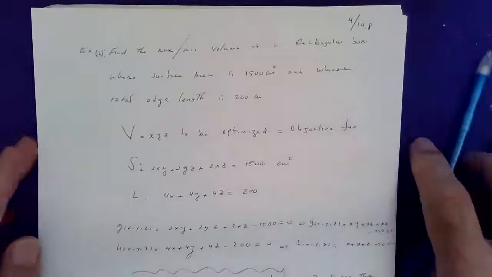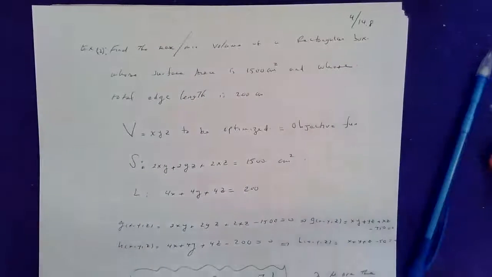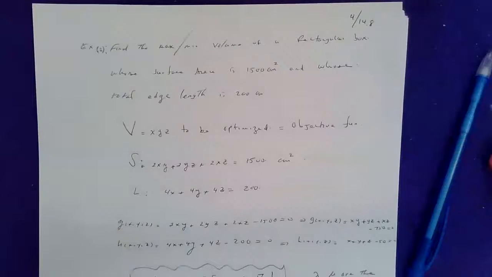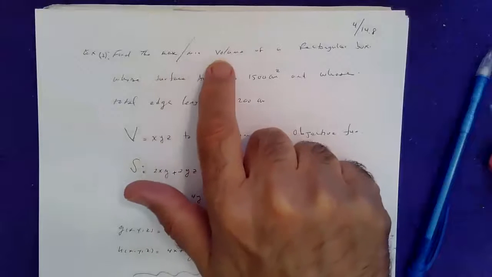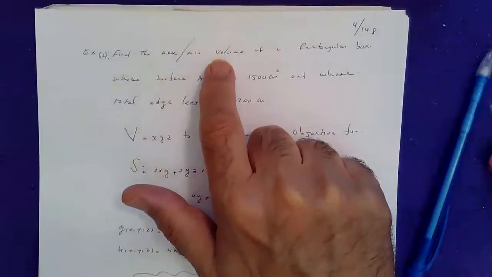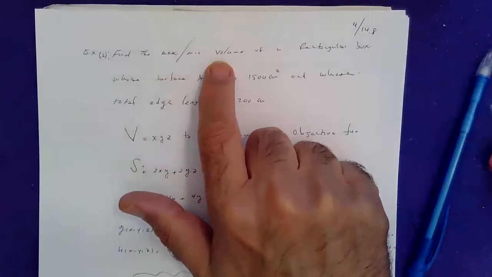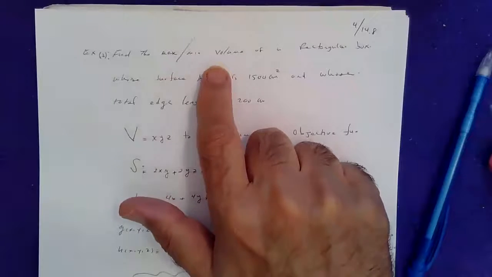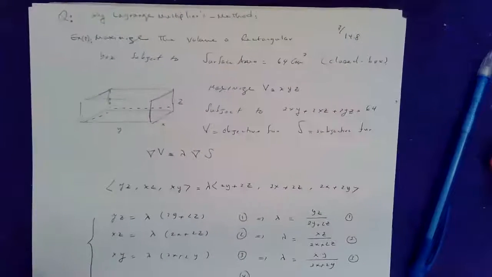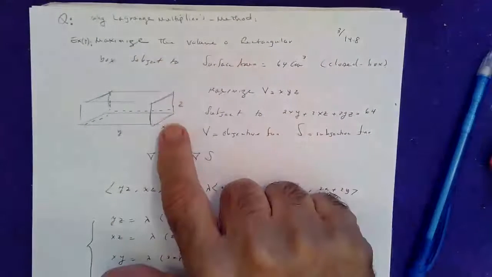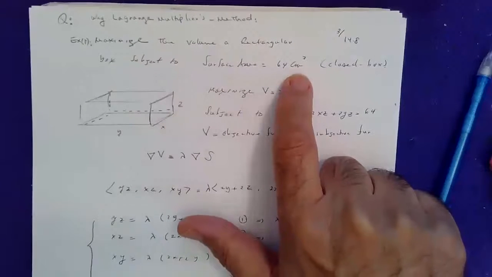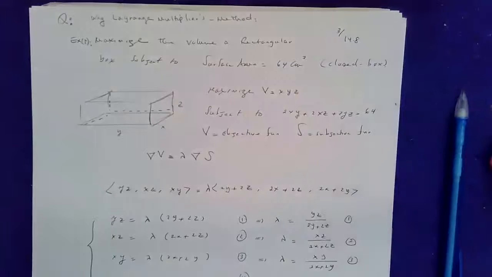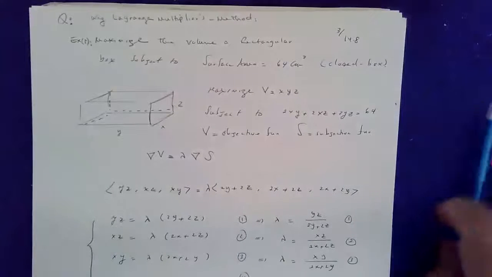So I'm going to show you two examples, and hopefully that will explain why we use Lagrange multipliers. Suppose we were asked to find the maximum volume of a rectangular box with a surface area of 64 square centimeters.